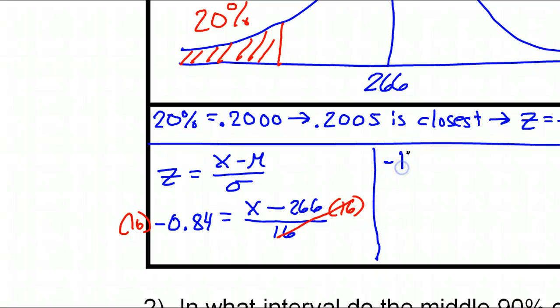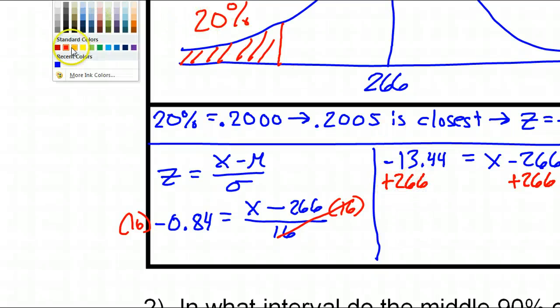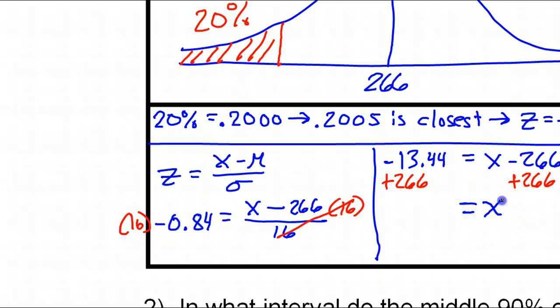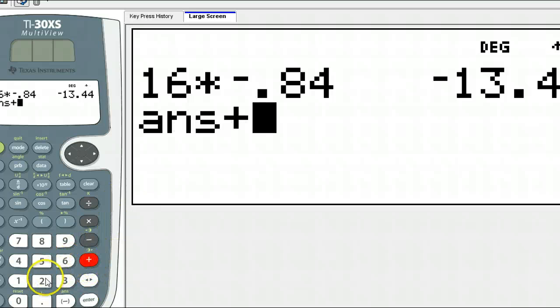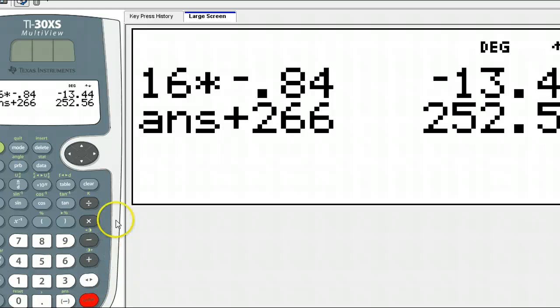So I get negative 13.44 is equal to x minus 266. All right, so last step to get this x by itself, I need to add 266 to both sides. Okay, so that will give me x by itself. So back here I can just do plus 266, and I'm getting 252.56.